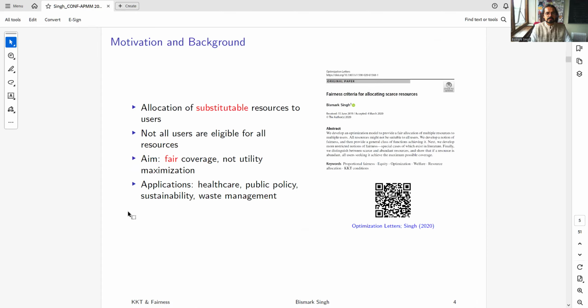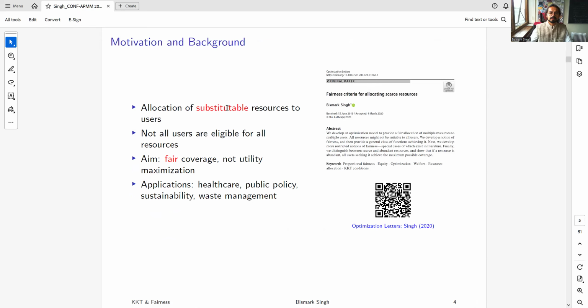Okay, so this work builds upon a previous work of mine that was published 5 years ago in Optimization Letters. Here is a QR code that you could use, or you could just search for this paper as well. The motivation is as follows. We have a set of resources that we would like to allocate to users who need these resources.